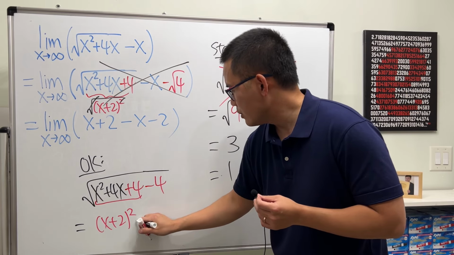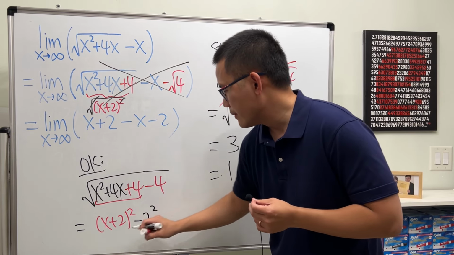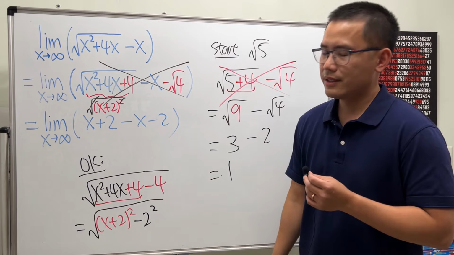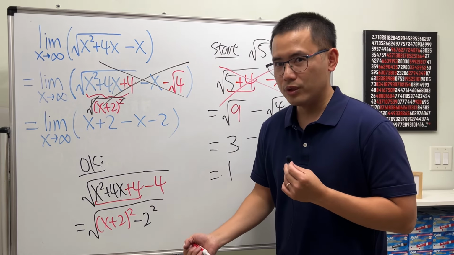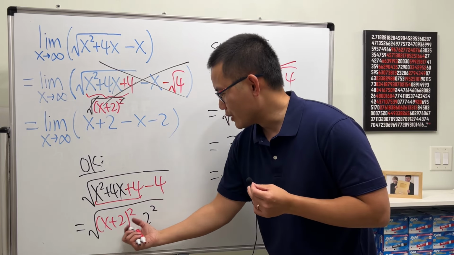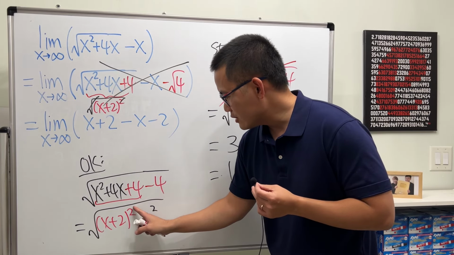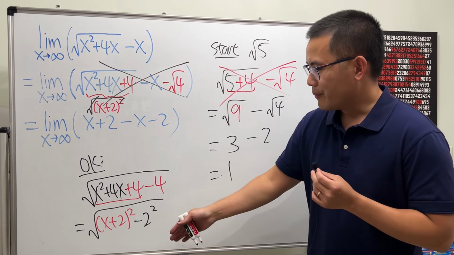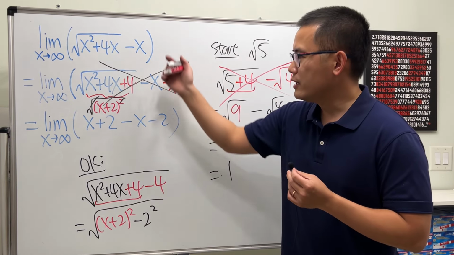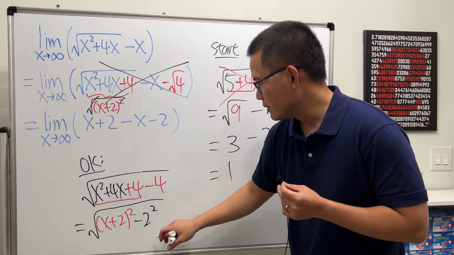And then this right here, okay, it's minus 2 squared. And then they are inside of the square root. However, because there's a minus here, again by the order of operations, you will have to work this inside out. Do not cancel out the square and the square root. So even though this is okay, for this question, it's not helpful.